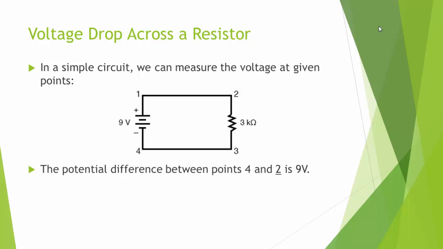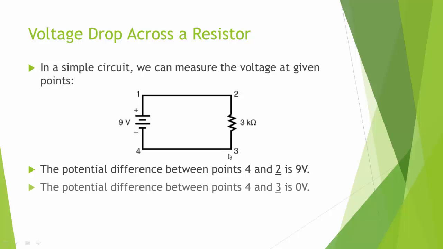So we can take out a voltmeter and we can measure the potential difference between point 4 and point 2. And of course, most of you will say, okay, well, that's really easy. That's 9 volts. If we measure the potential difference between point 4 and point 3, most of you will say, okay, well, that's easy.